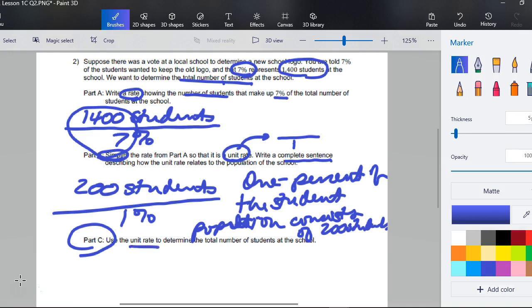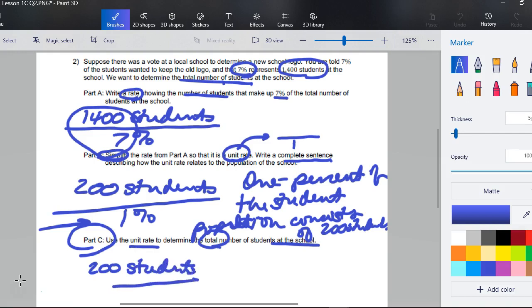Because Part C says use that unit rate, this one that has the 1 in the denominator, to determine the total number of students at the school. You have also done some work with dimensional analysis. We will do more, but if I have 200 students, and I know that that represents 1% of the school, I can multiply it by 100%, and our percentages reduce, eliminate, cancel.